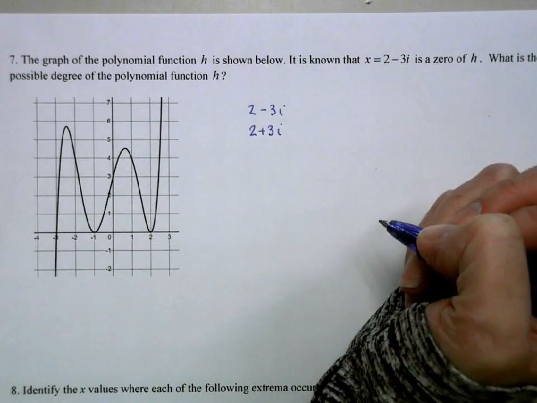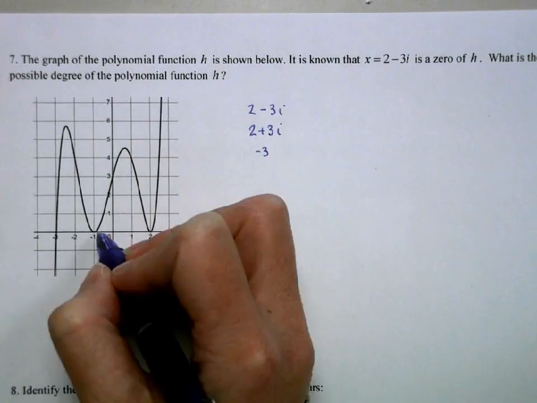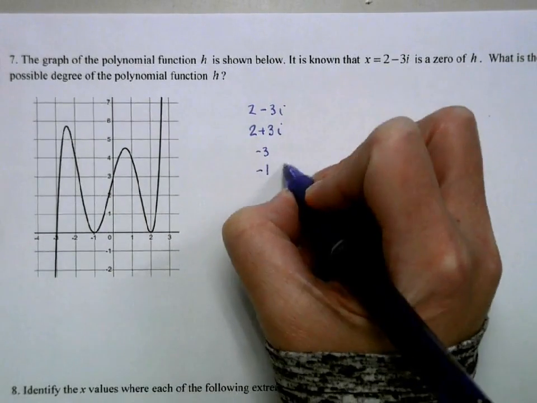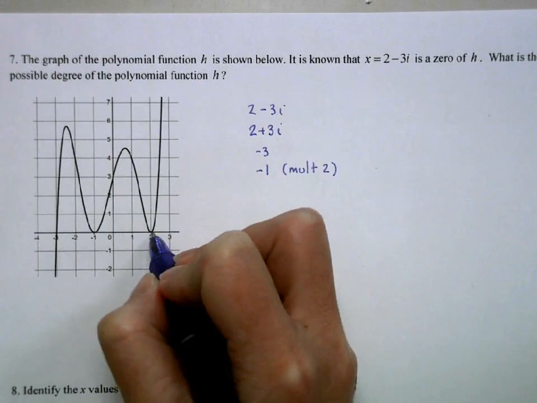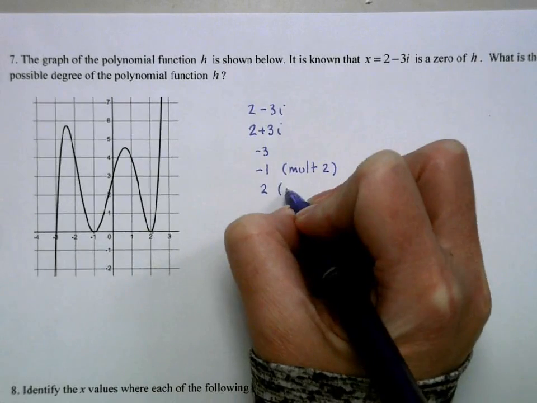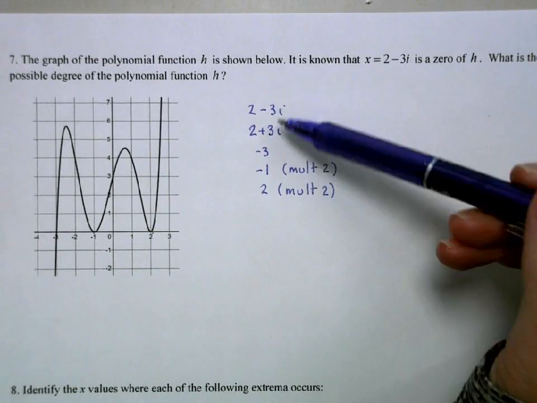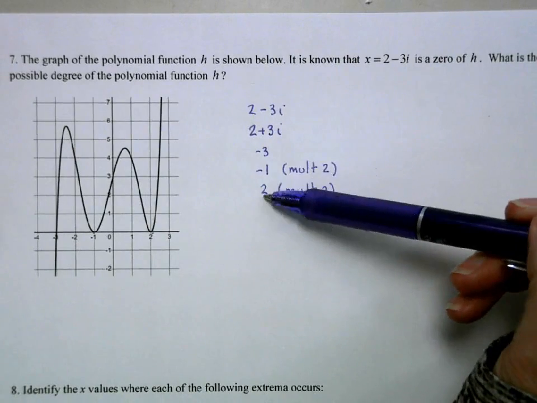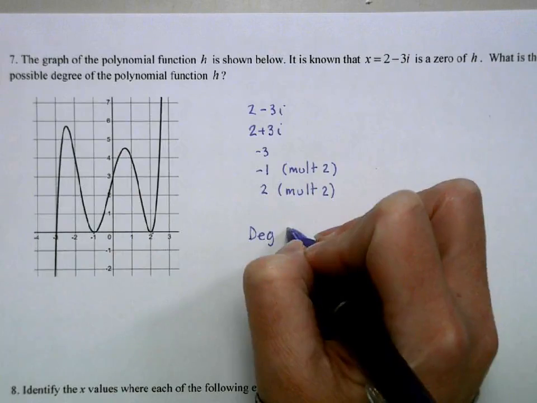We have x equals negative 3 is a 0. X equals negative 1 is a 0, but it has at least a multiplicity of 2. Same thing with 2. Okay, so if I add that up, we've got 1, 2, 3, 4, 5, 6, 7. So the least possible degree for this is 7.